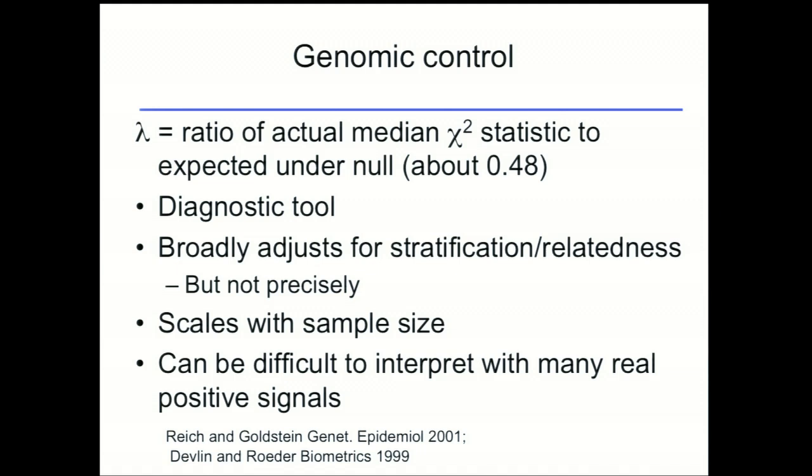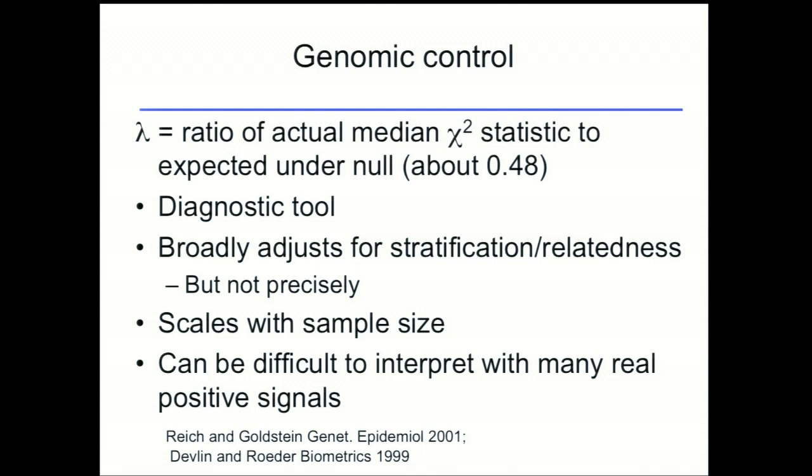Under the null, the median chi-square statistic with 1 degree of freedom should be about 0.48, and you then take the ratio of your actual association study's value to that. For a nicely controlled association study with about 1,000 cases and 1,000 controls, it should be well under, say, 1.1, and 1.0-something low is the usual performance.